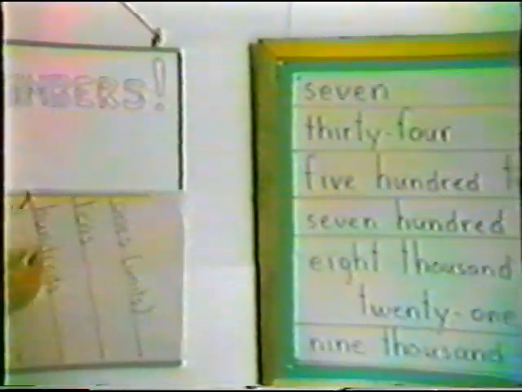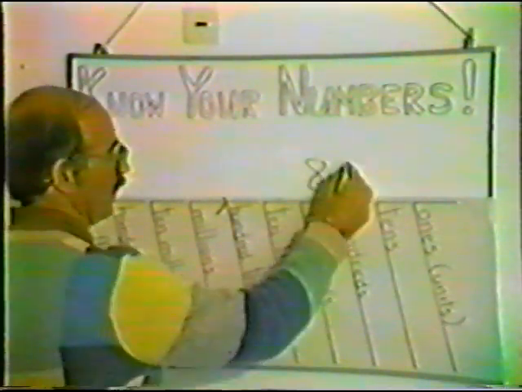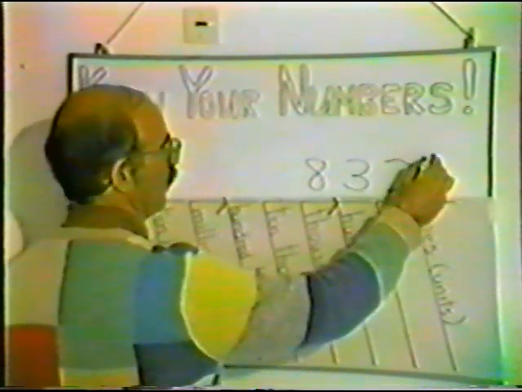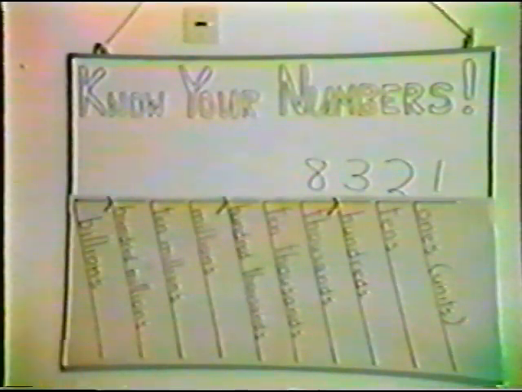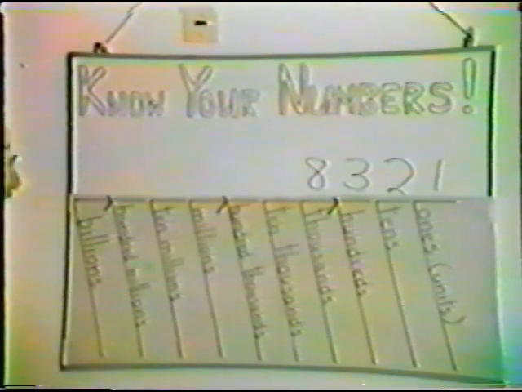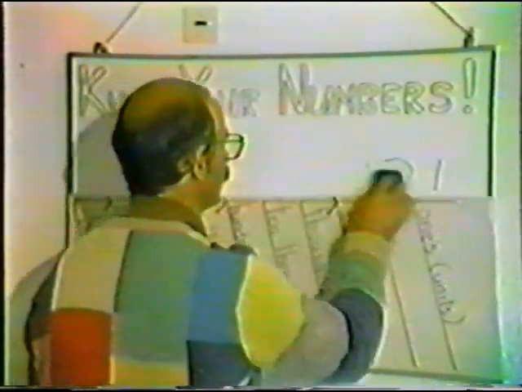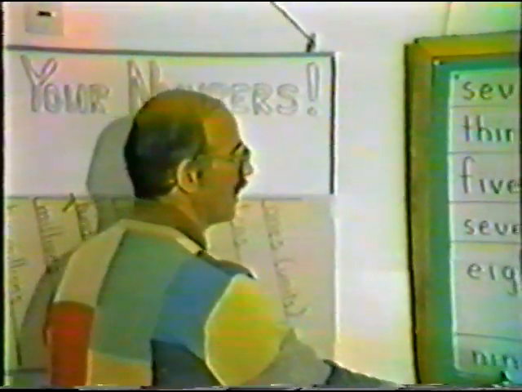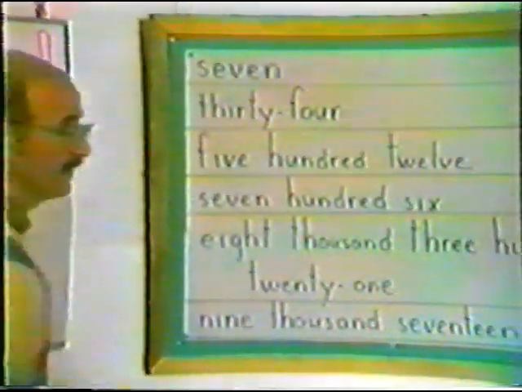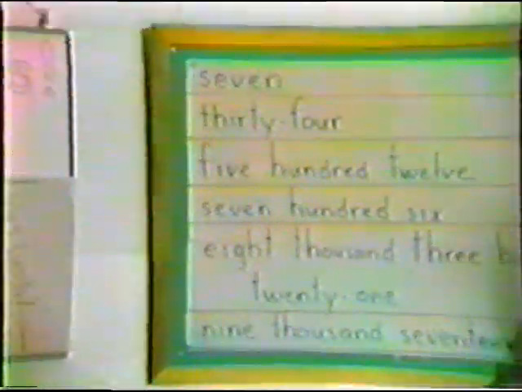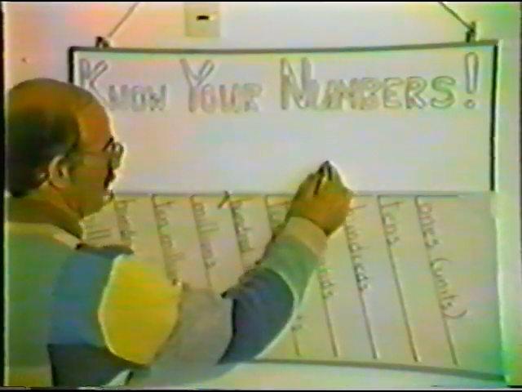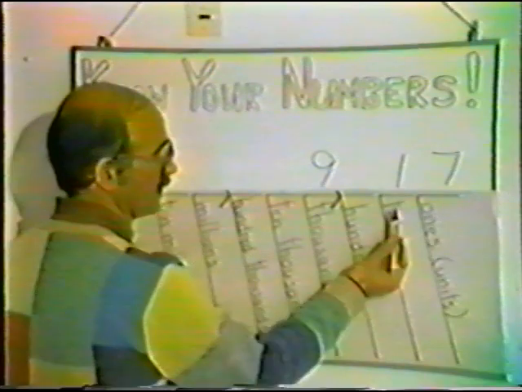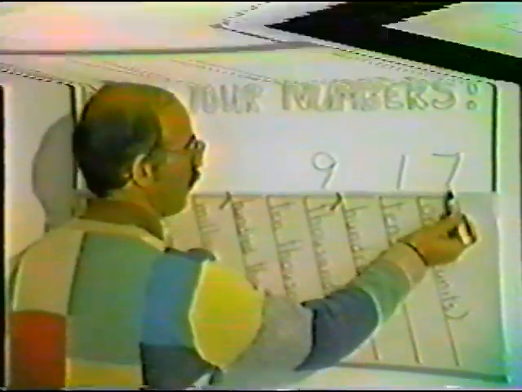8,321. 2 tens, 1 one. 8,321. Next, 9,017. 9 thousands, 17, which is 1 ten and 7 ones.